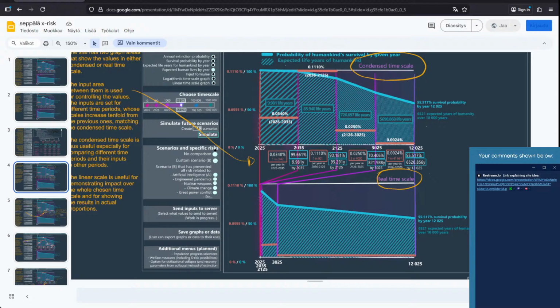In this case, the shaded area in the graph below is a true indication of how much life there is in either time scale.